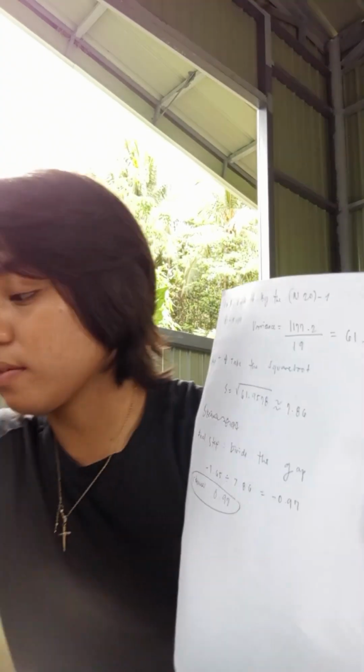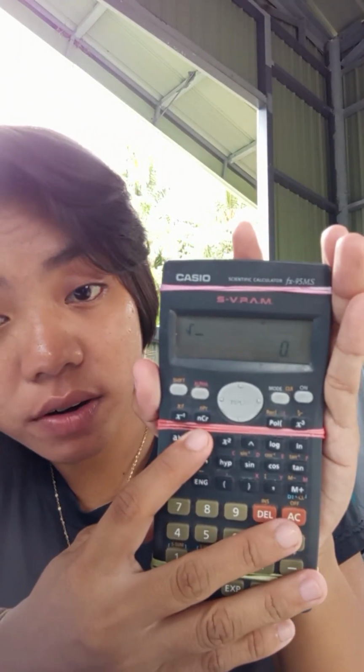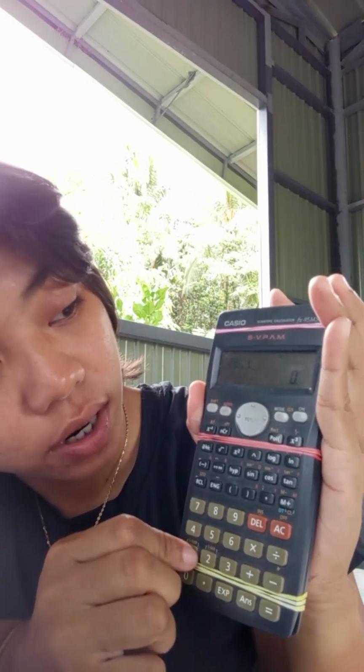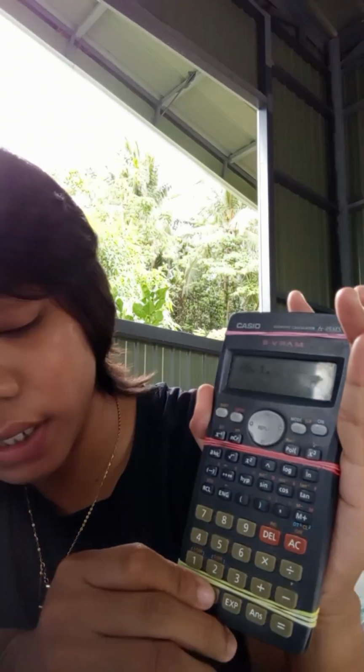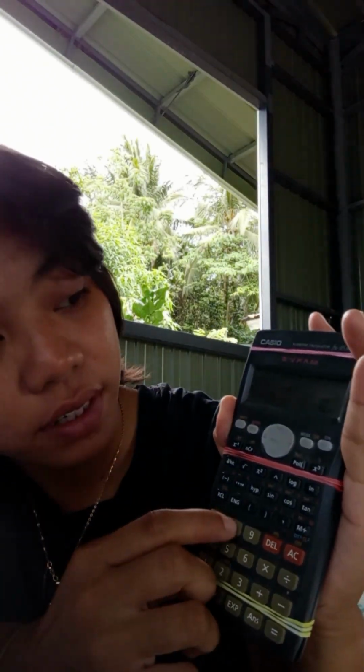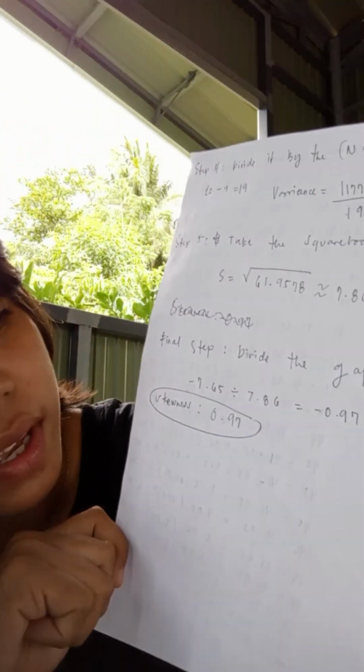So we have to find the square root of 61.9578, which is equal to 7.86.